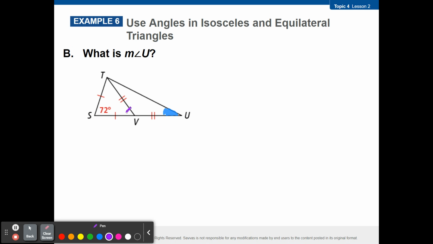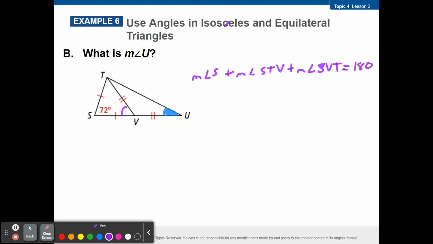So the first thing I'm going to do is find this angle right here. This is 72, and I have an isosceles triangle here. So the measure of angle S plus the measure of angle STV plus the measure of angle SVT is equal to 180.